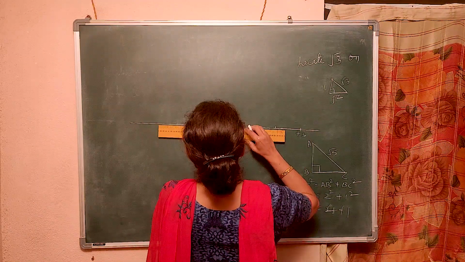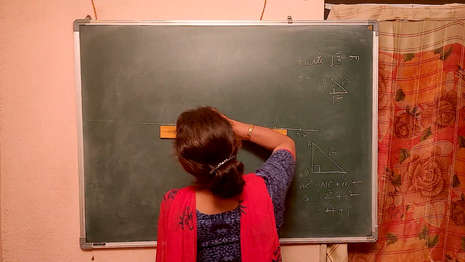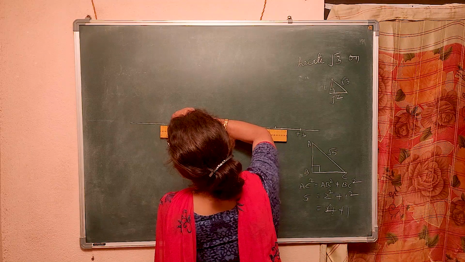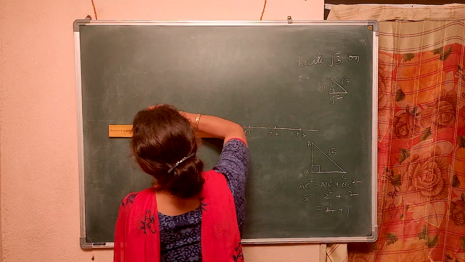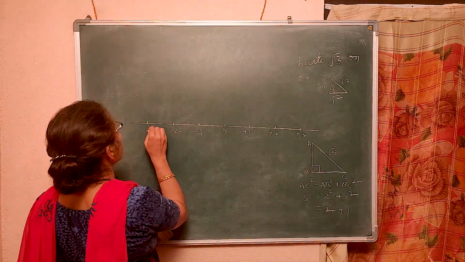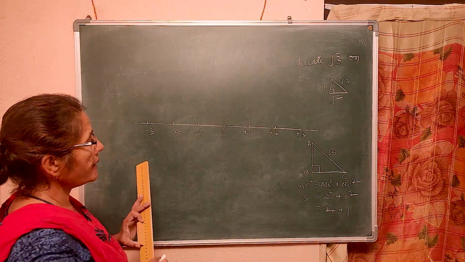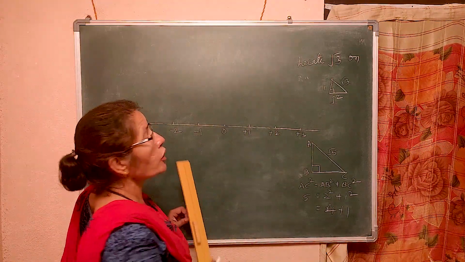Here also, minus 1, minus 2, and minus 3. Understand? Now, how will we take either 2 and 1 or 1 and 2?